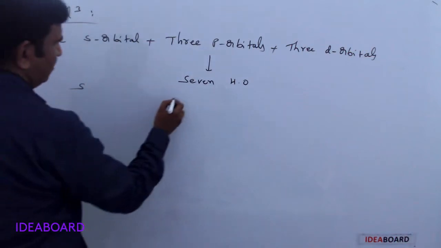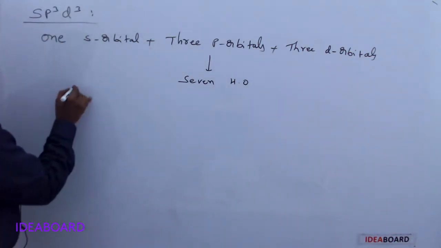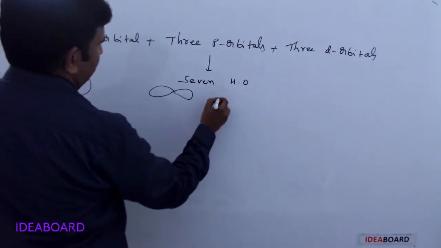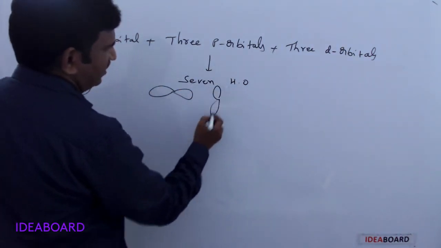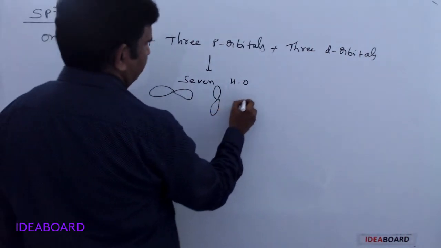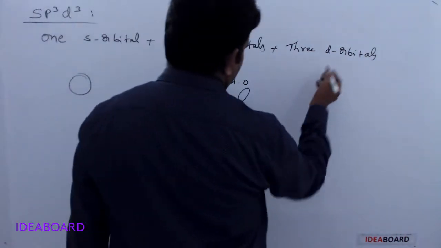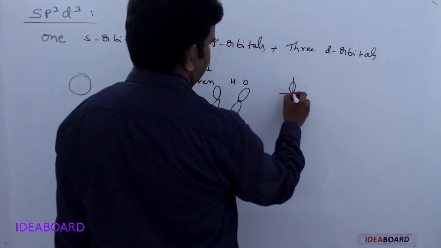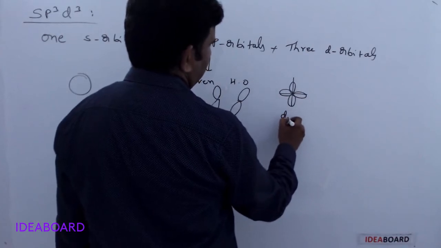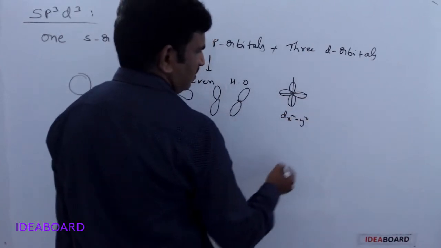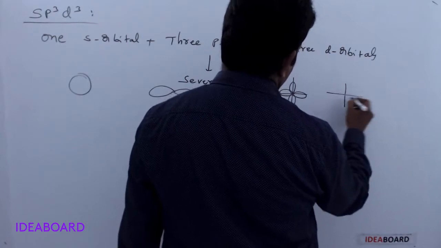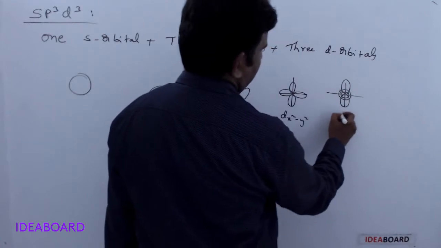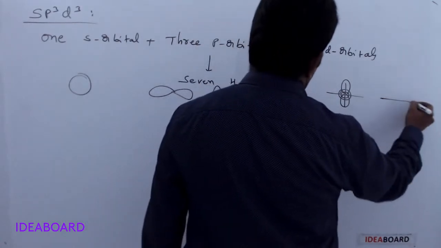One s orbital and 3 p orbitals. Here the s orbital is a spherical shaped orbital, and the 3 p orbitals are px, py, and pz. And the 3 d orbitals are the dx square y square orbital, the dz square orbital, and the dxy orbital.